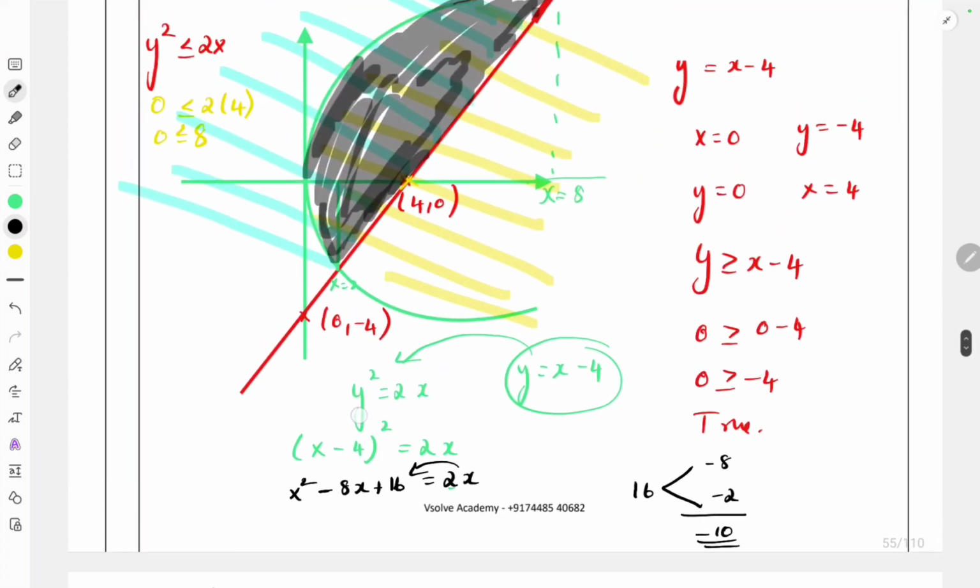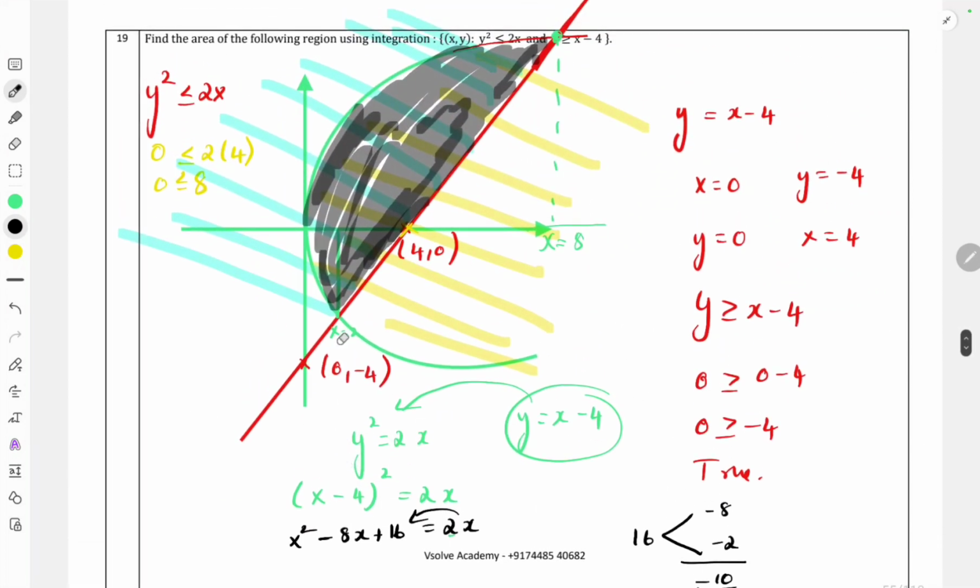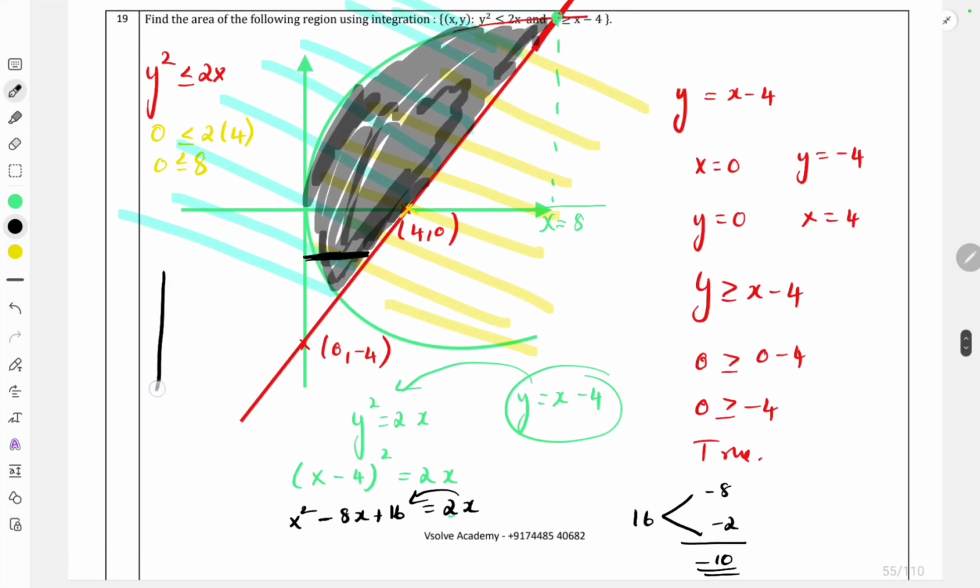So which means I am going to take one strip which is parallel to the x-axis, which means I am taking a strip like this now. See here, if we have the x-axis and y-axis, and we take one strip in this way, a vertical strip, whatever we have above the x-axis will be positive.